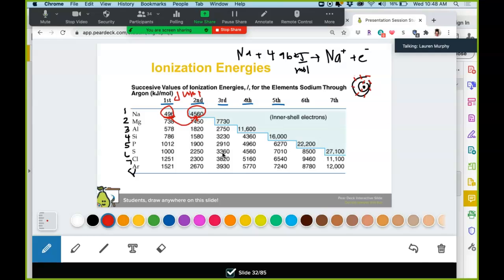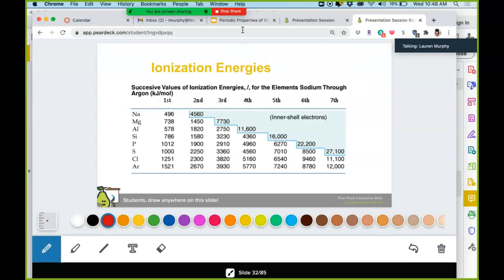All right? So what does that say about magnesium? Well, magnesium, you put in 738 kilojoules per mole of energy, and you get magnesium ion and an electron, to rip the first electron off.